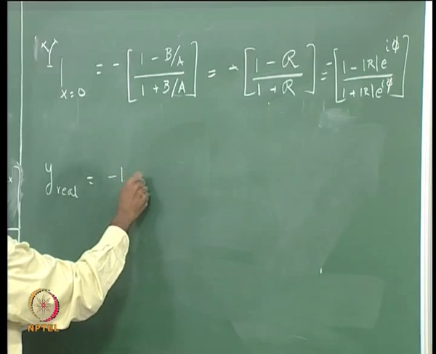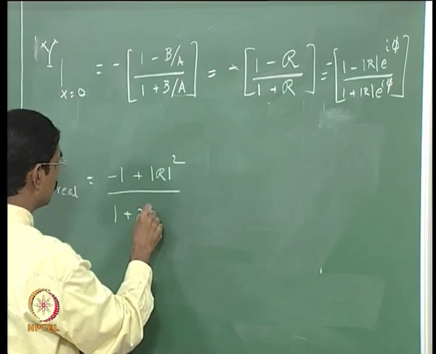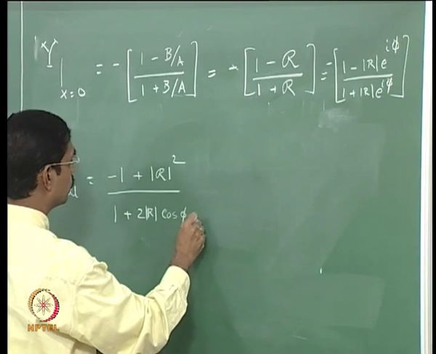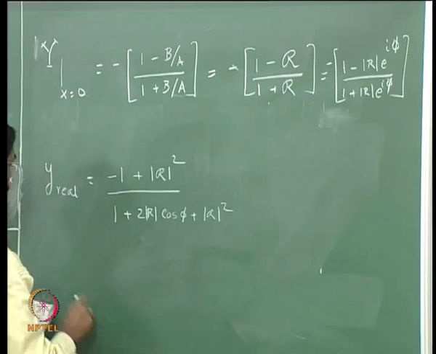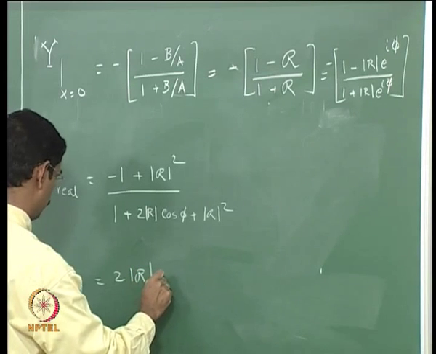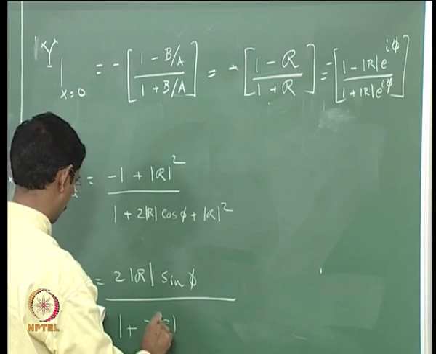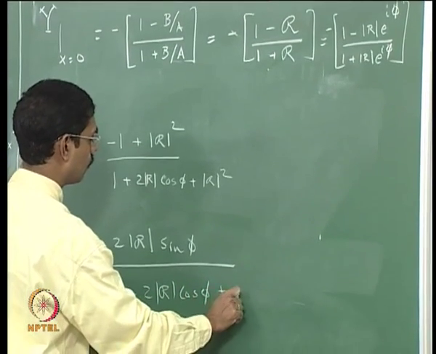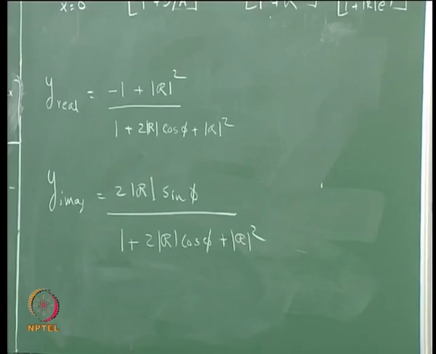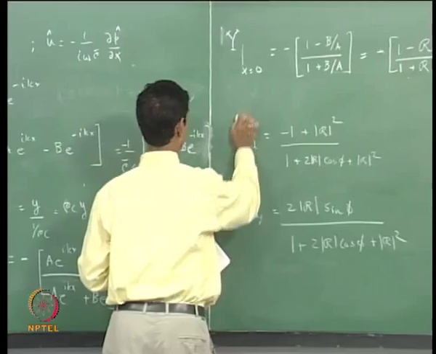Y real equal to minus 1 plus r squared divided by... oh, this is capital actually, sorry, thank you.